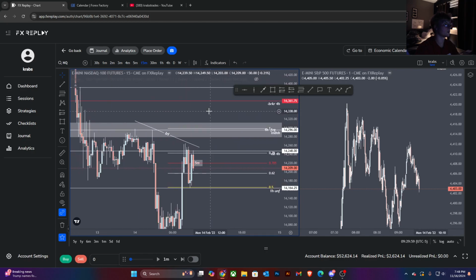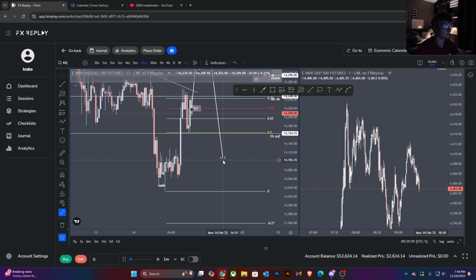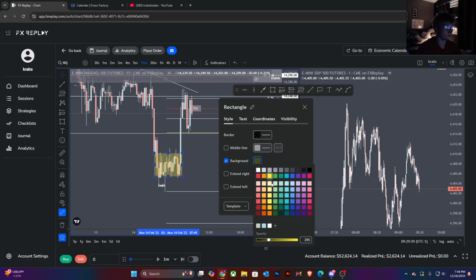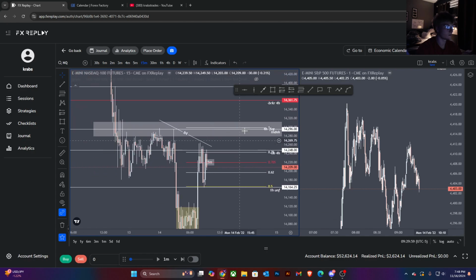So what I want to ideally see at market open is run higher, run out this liquidity, and then get a short setup back down. So we got these accumulation lows here as well. All this is accumulation as well.